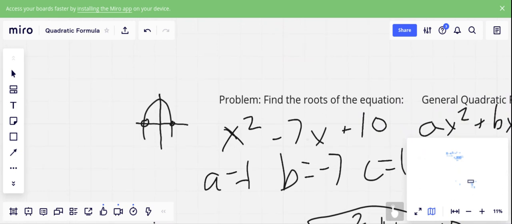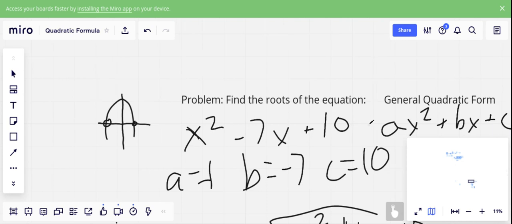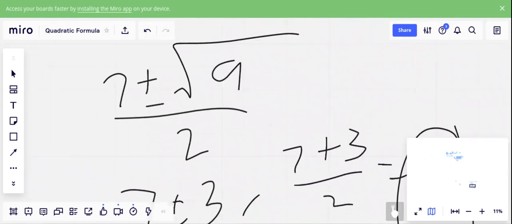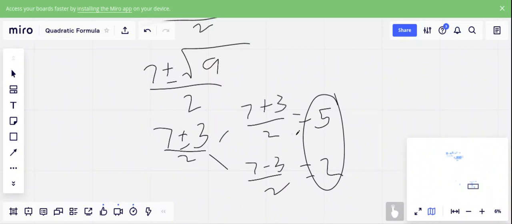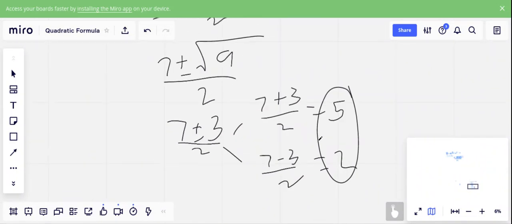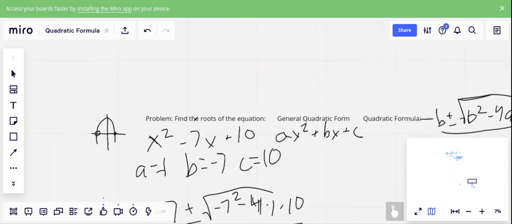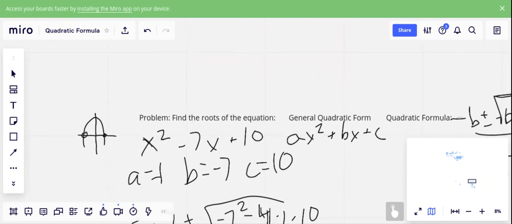We'll talk about it in a later video, where you'll understand how to graph quadratics, and I encourage you to watch that. It's a very good video. And so what these roots mean is, if you plug 5 and 2 in as x in x squared minus 7x plus 10, you will get 0.